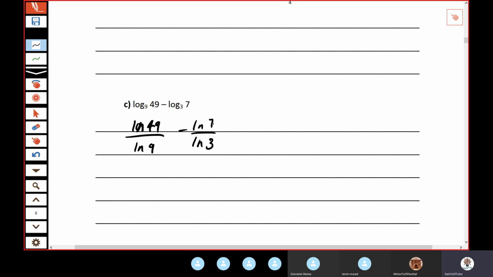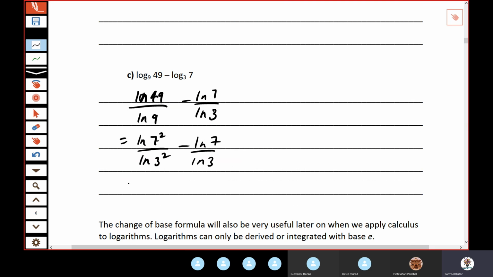Okay, so how is this linked with 7 and 3? Well, log 49 is log 7 squared, log 3 squared. And then what do you do with your 2's? 2 comes down. Your 2's will cancel out. And then what's log 7 on 3?